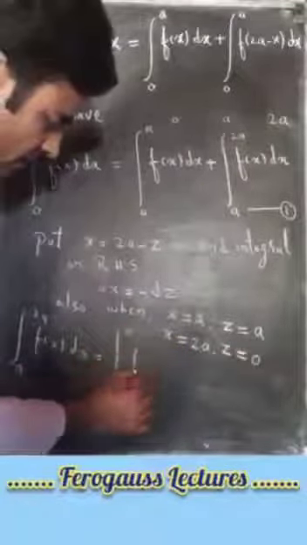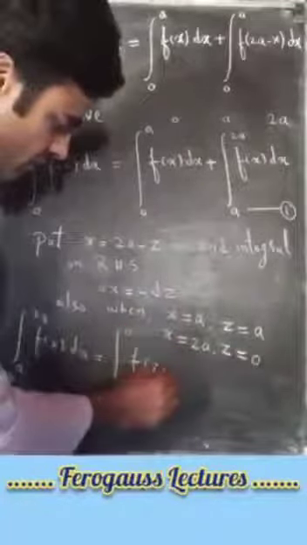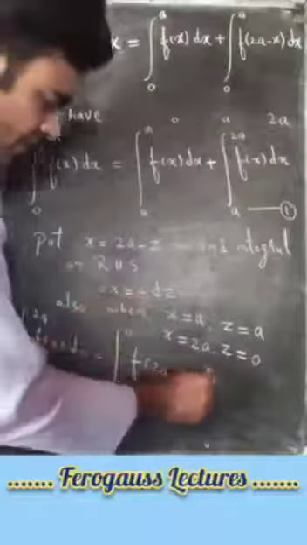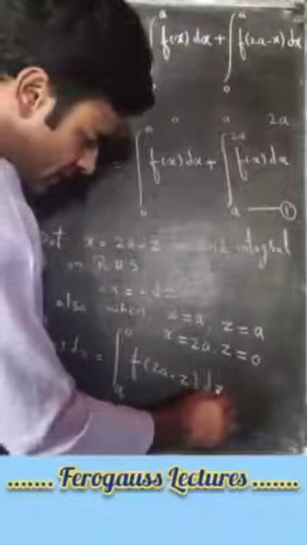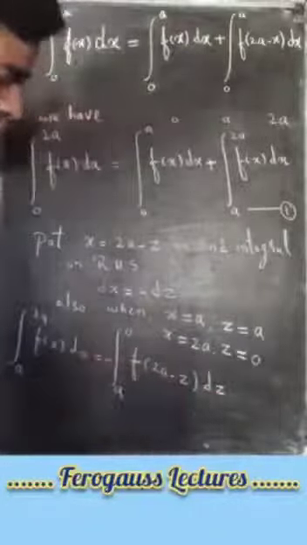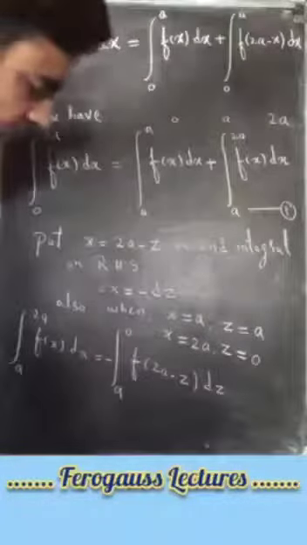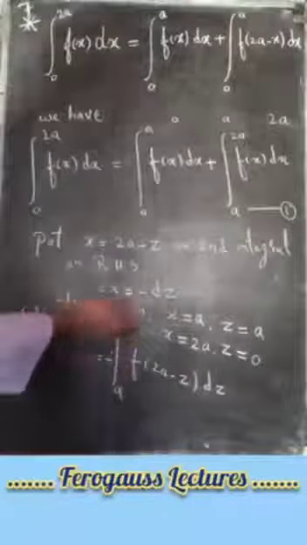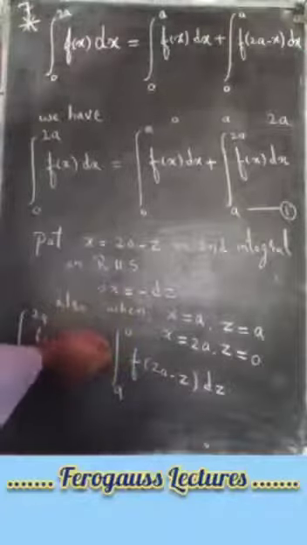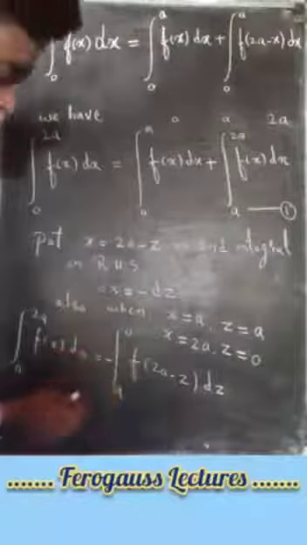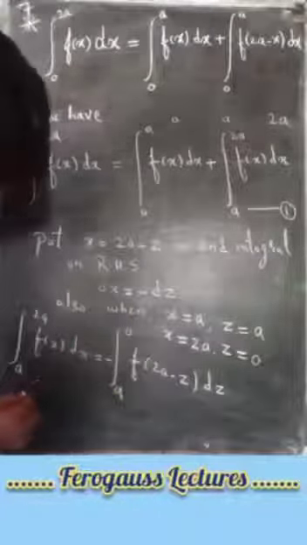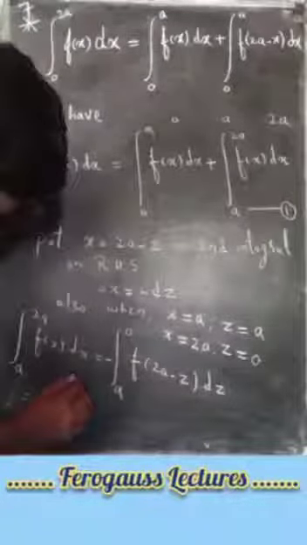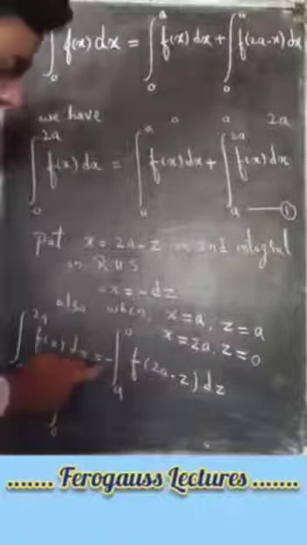Then f of, instead of x we have 2a minus z, and instead of dx we have minus dz, so we write dz here and we put minus sign here. Okay, now on interchanging the limits, the sign of the integral gets changed, so we can write it as the integral from 0 to a. So this minus sign gets changed into plus sign.